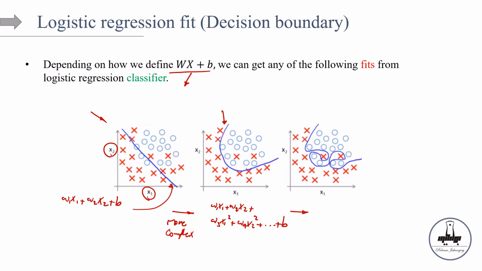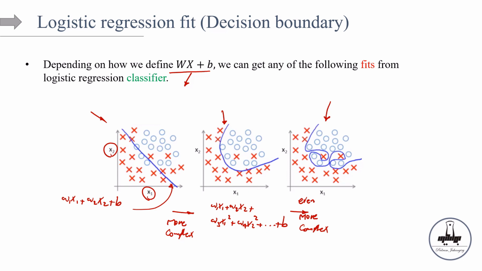Now let's make it even more complex. We know that if you make it super complex, it's going to overfit. This is what we're seeing here. This is obviously an over-complex classifier, and it's unnecessarily complex. What does it mean?